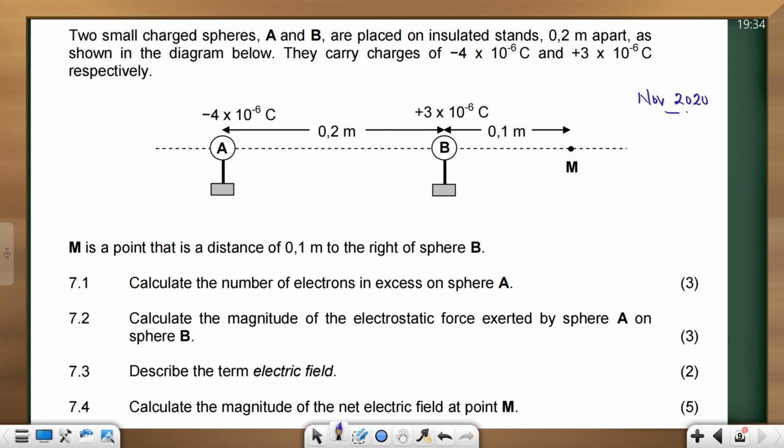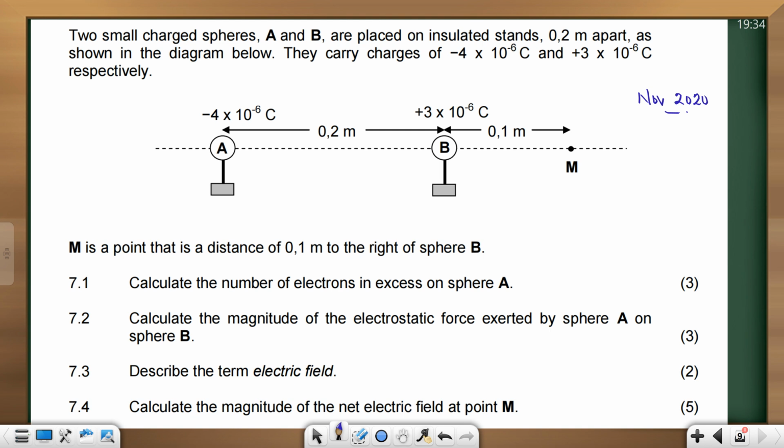2 small charged spheres A and B are placed on insulated stands. We spoke about that, right? 0,2 meters. Oh, I need to give you conversions. I'll give you that. Somebody remind me after this. As shown in the diagram below, they carry a charge. Please never write your charge without a sign. It must either be positive or negative.